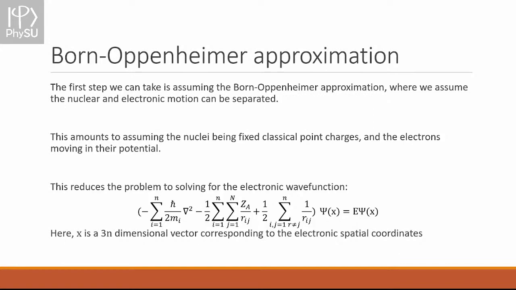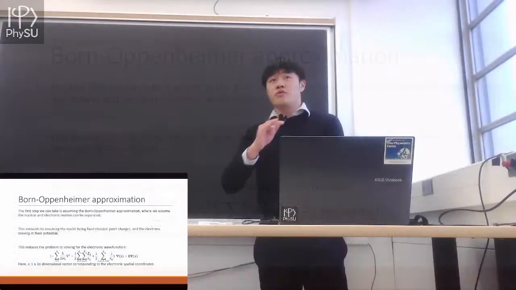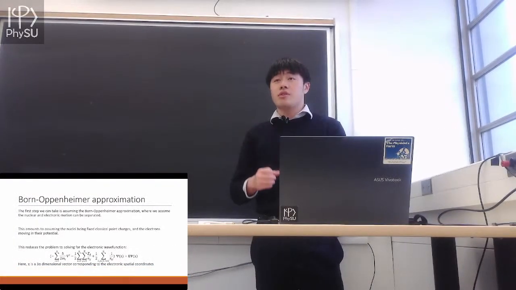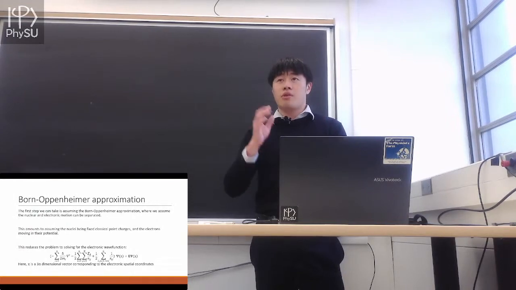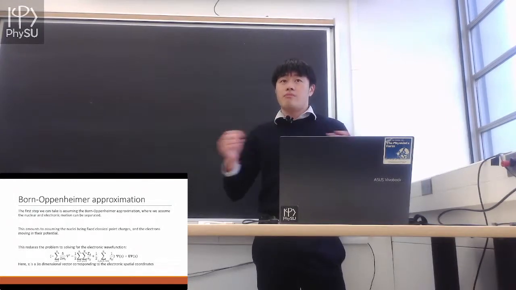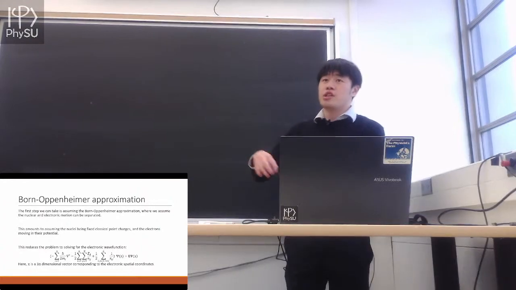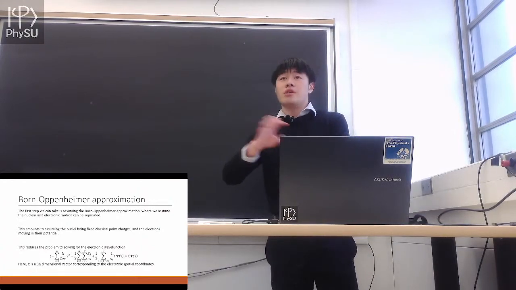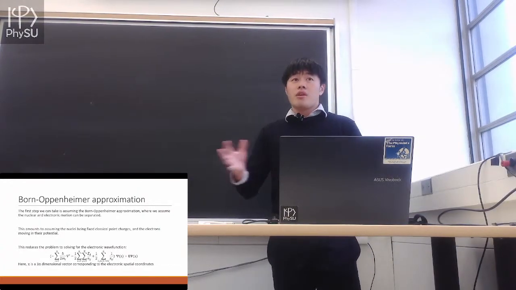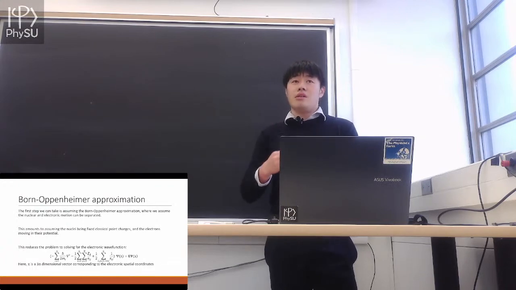As a result, you can just fix the atomic nuclei and treat them as classical point particles giving off some Coulombic charge, and the electrons behave quantum mechanically within this classical potential.